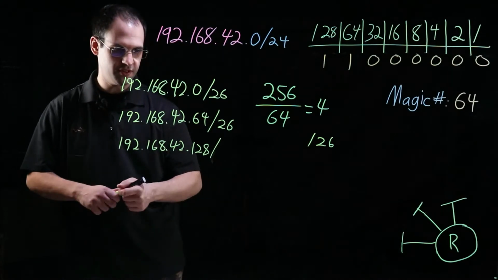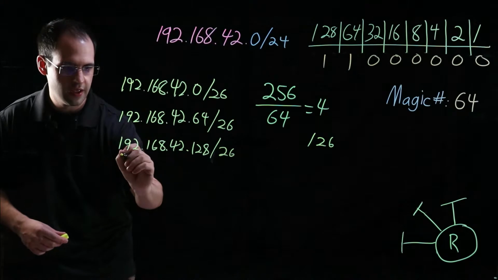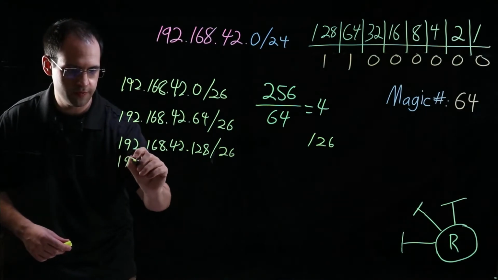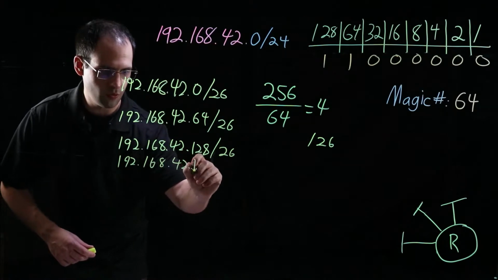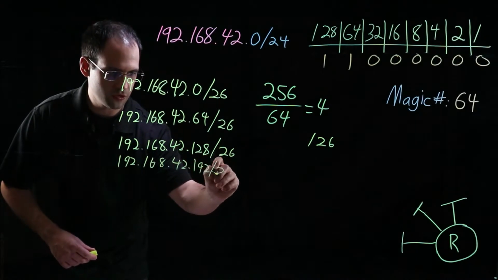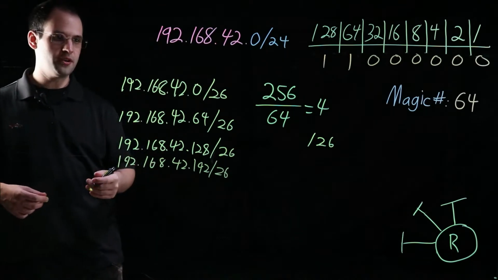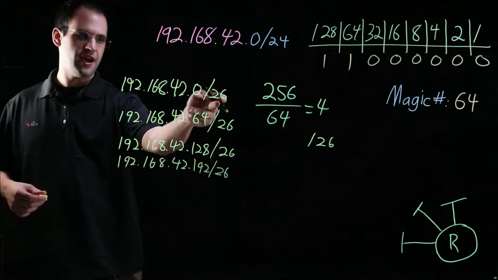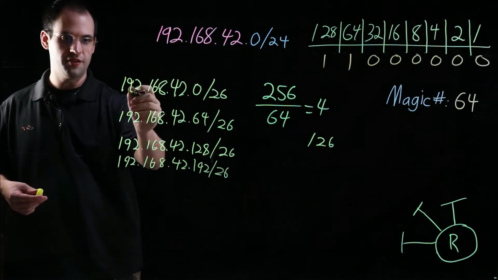Really want to get to IPv6, huh? /26, okay. And 192.168.42.192/26, okay.